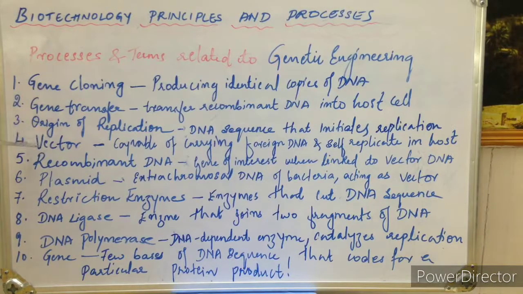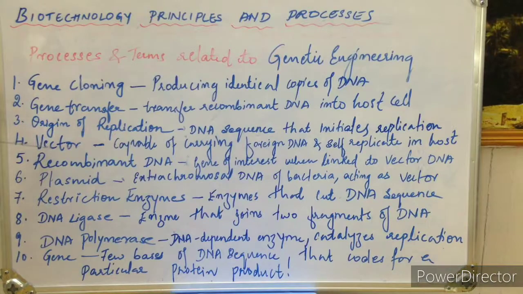So the gene of interest along with the vector DNA, when introduced into the host organism, is capable of carrying the foreign DNA into the host cell, and it has the capacity of self-replicating in the host organism.